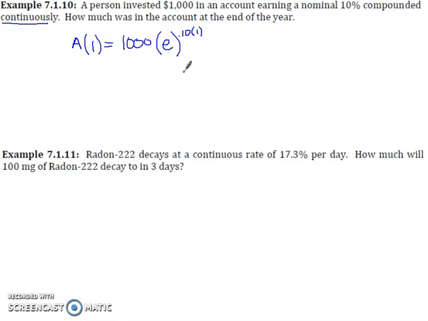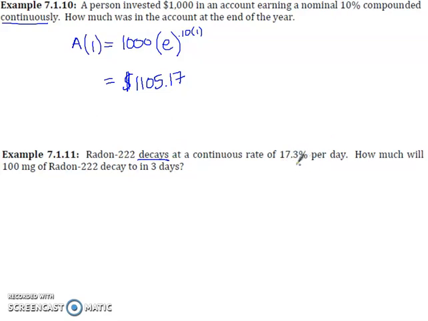Your calculator does have an e button where you can compute the approximate value by using that button, and I'm going to do that now. In doing so, I get a value of approximately $1,105.17.